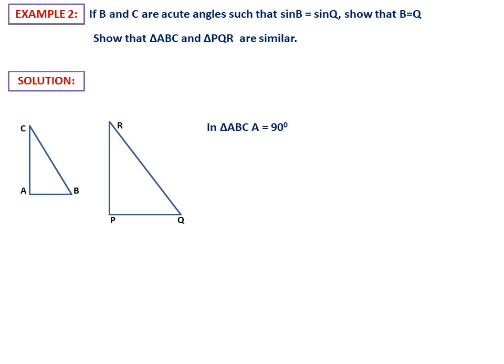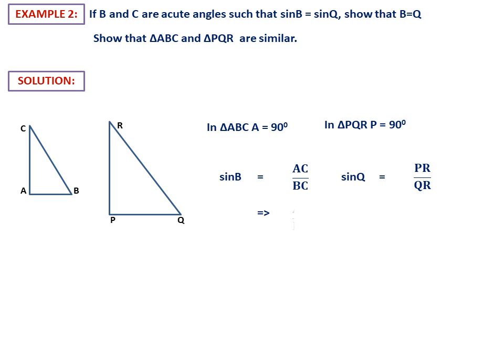So in triangle ABC, angle A is 90 as shown, and in triangle PQR, angle P is 90 degree, because the other two angles are acute angles. Now what is given? Sin B equal to AC by BC by definition, and sin Q will be equal to PR by QR.